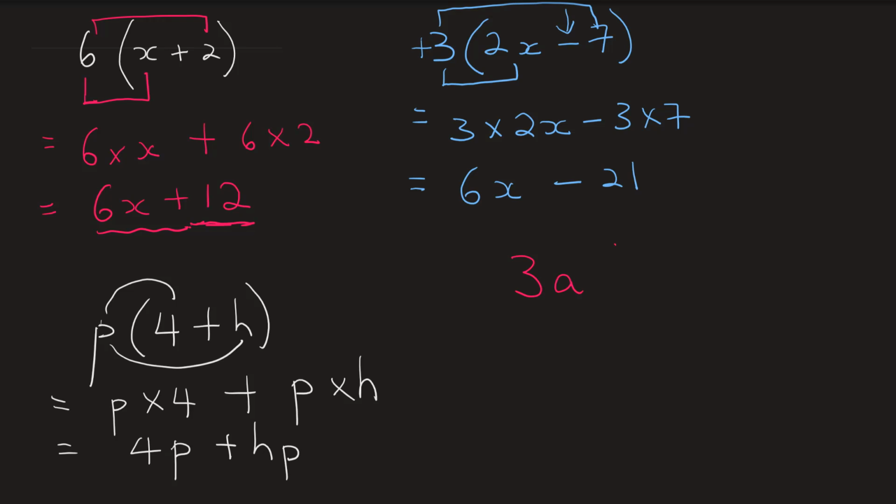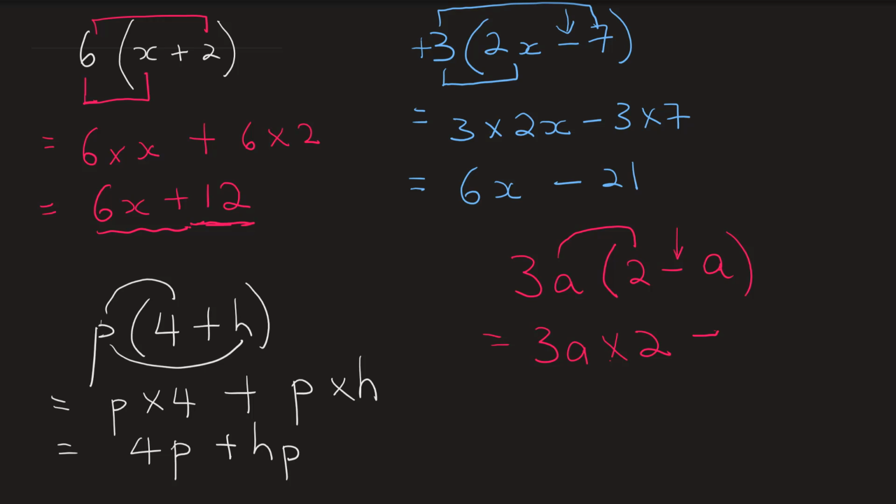3a outside of 2 minus a equals the first one multiplied by the first one, 3a multiplied by 2. The second one, I have a positive 3a multiplied by negative a, so my answer is going to be negative.